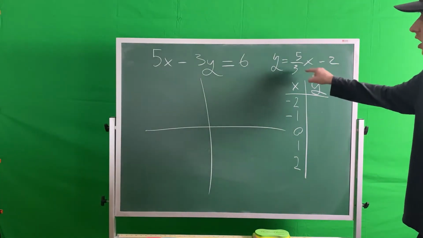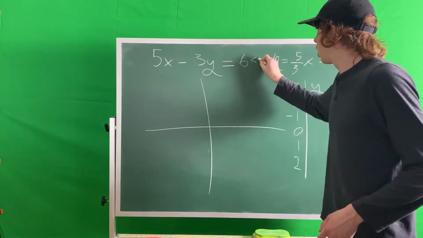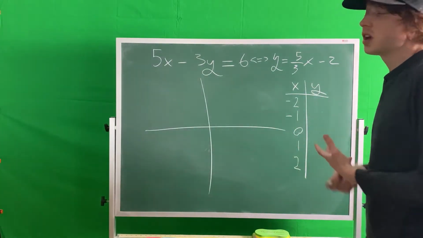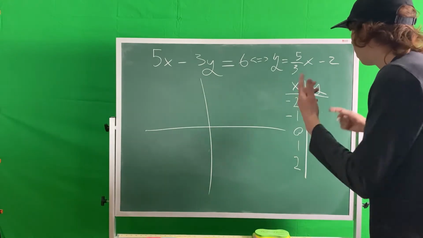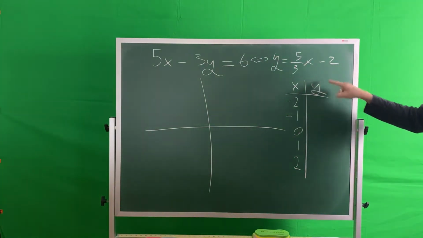We can either plug it in here or into there. Both of these two equations are equivalent. They're both saying the same exact thing. It's whatever you feel comfortable with, and we're going to do it with both really fast. I'll do it with this one, and then I'll quickly go over the other one.